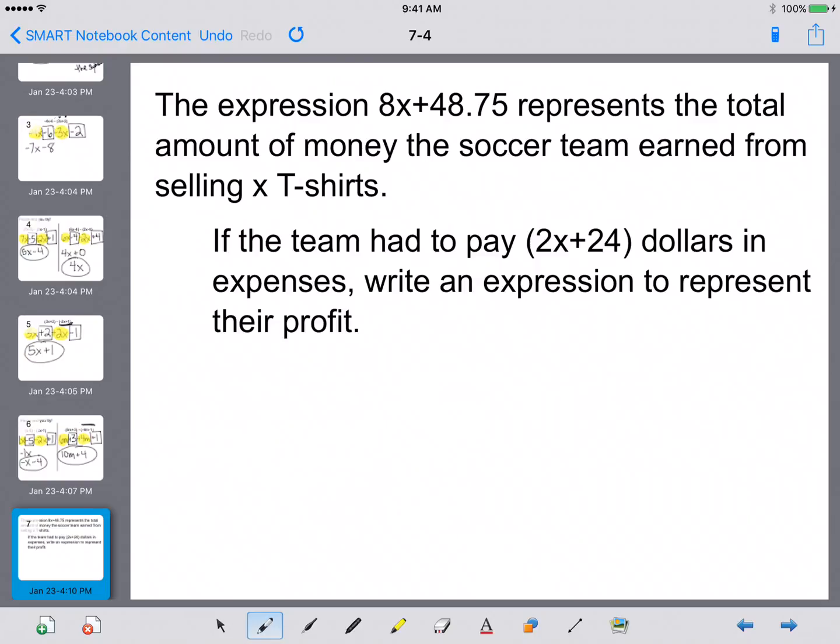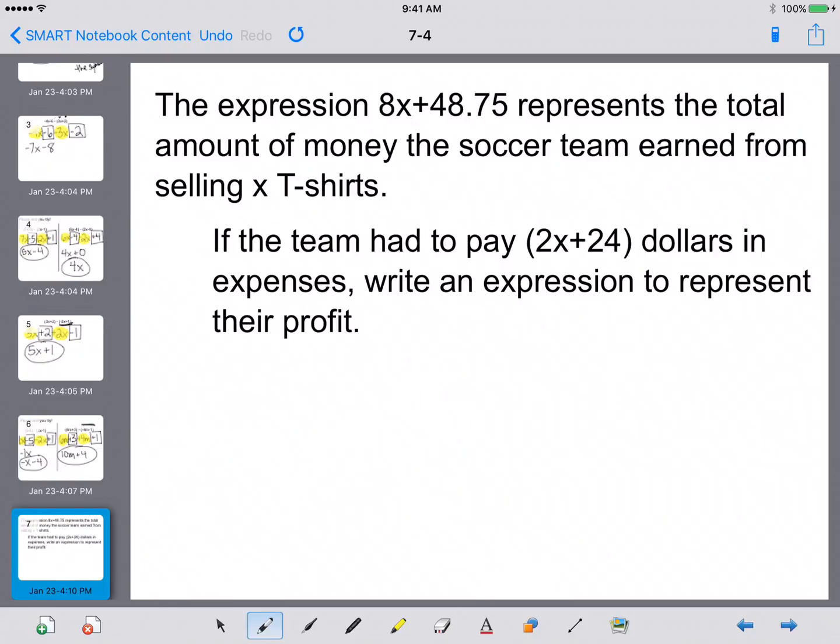Now we've got some word problems, so this is where you really need to pay attention. It says the expression 8x plus 48.75 represents the total amount of money the soccer team earned from selling x amount of t-shirts. If the team had to pay 2x plus $24 in expenses, write an expression to represent their profit.